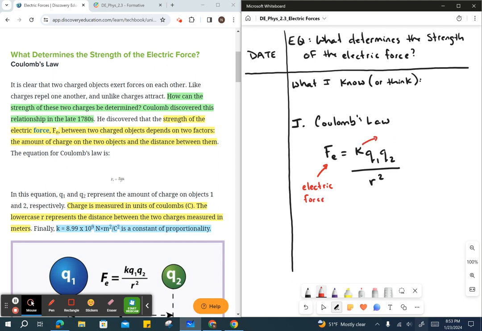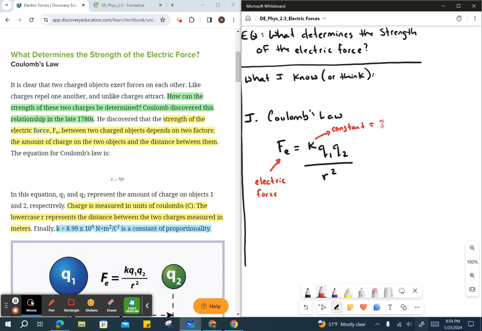K is a constant, which equals 8.99 times 10 to the ninth newtons times meter squared divided by coulomb squared.